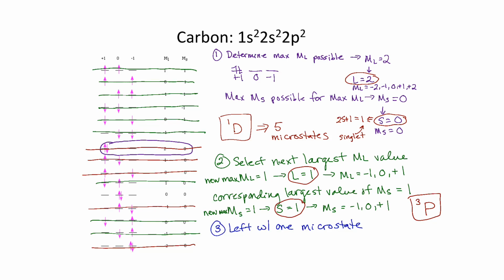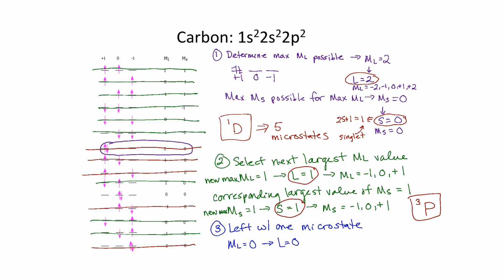Now we are left with 1 microstate. We have M sub L and M sub S equals 0 for this one that's left over. Here we know that our next maximum M sub L, if you will, is M sub L equals 0. That leads to L equals 0.